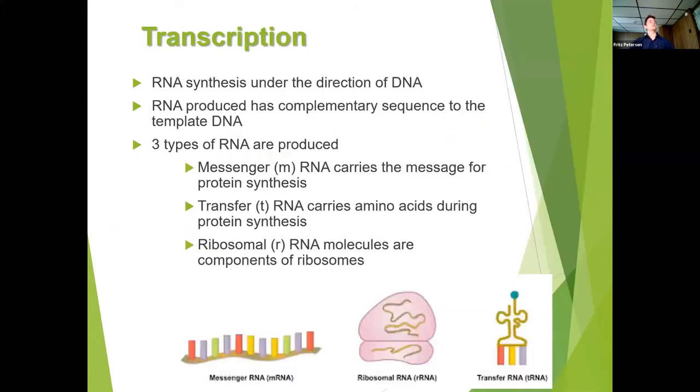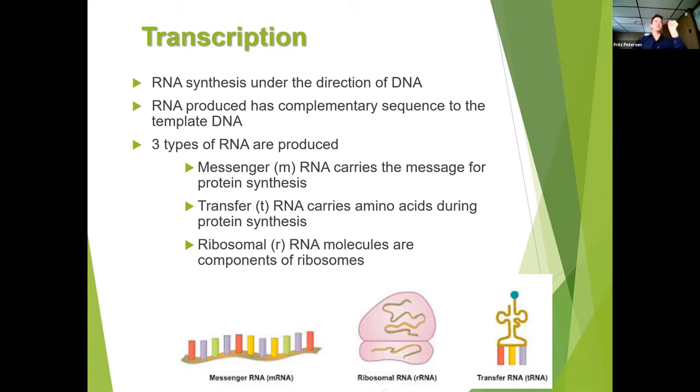So, continuing on, starting with the transcription of RNA. This is the synthesis, or the creation, of RNA using DNA as a template. The RNA that is produced will use one of the two strands of DNA as a template, and it will have a complementary sequence to the template DNA.